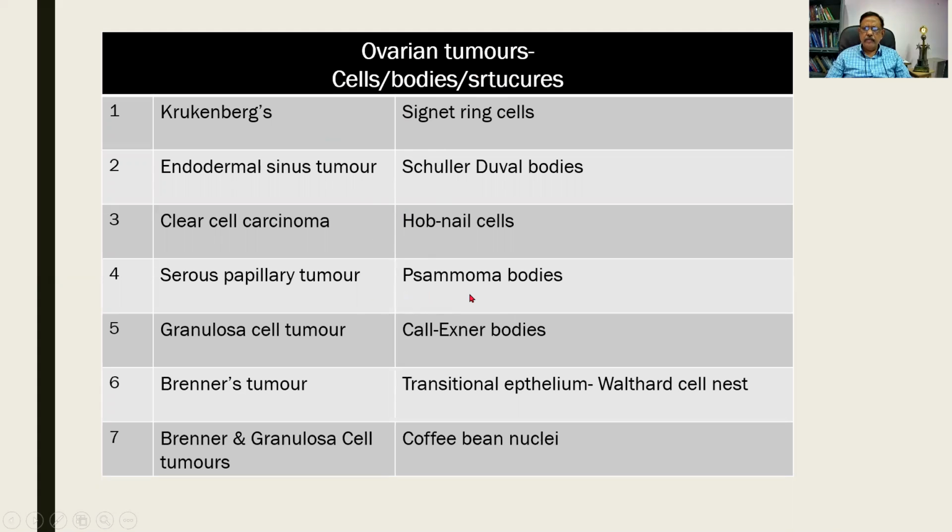Serous papillary, Psammoma bodies. Granulosa cell tumor, Call-Exner bodies. Brenner's tumor, transitional epithelium from the Walthard cell nest. Both the Brenner and the granulosa cell tumors show coffee bean nuclei. This is a superb column. I would like the students to kindly memorize it.